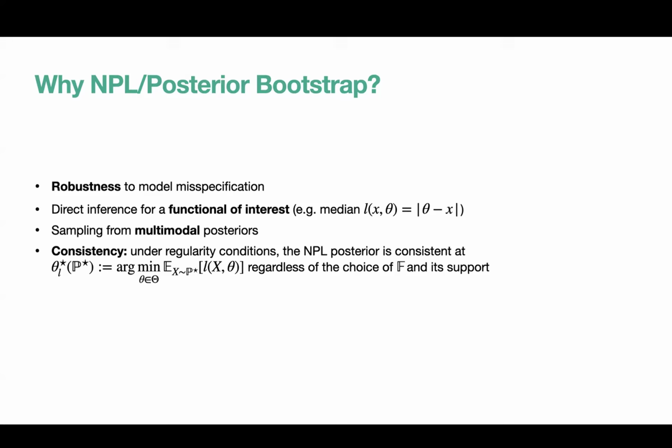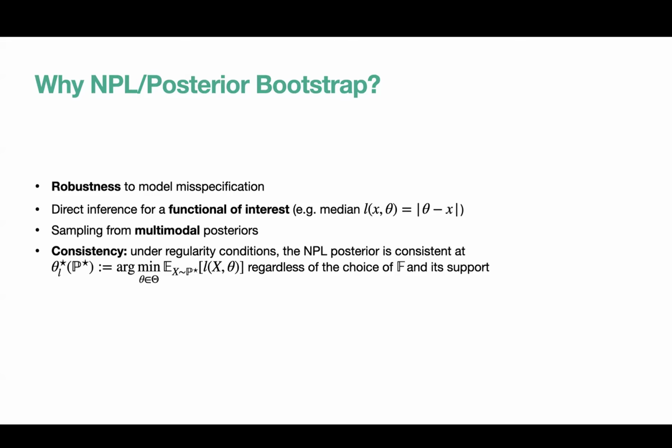Another very nice property of this posterior bootstrap, as was shown in the paper by Edwin, one of the ones I cited earlier, is that it's really good for multimodal sampling. If you perform this optimization step with random restarts, you get really nice sampling properties for multimodal posteriors, where standard Bayesian inference sampling would actually fail.